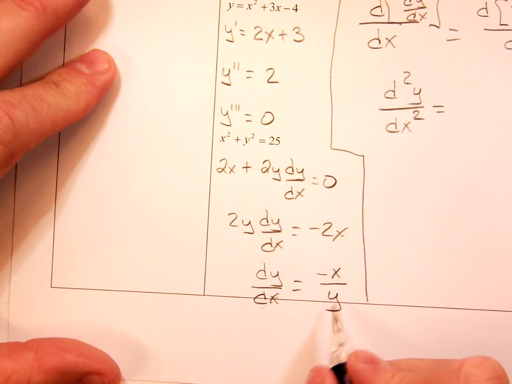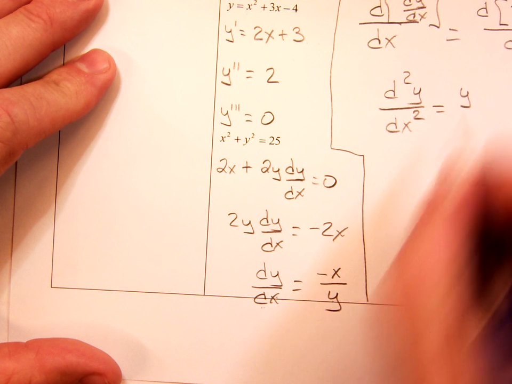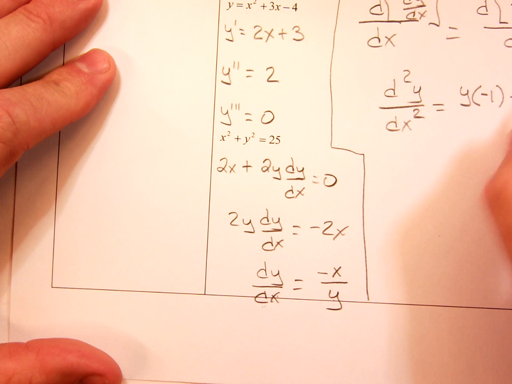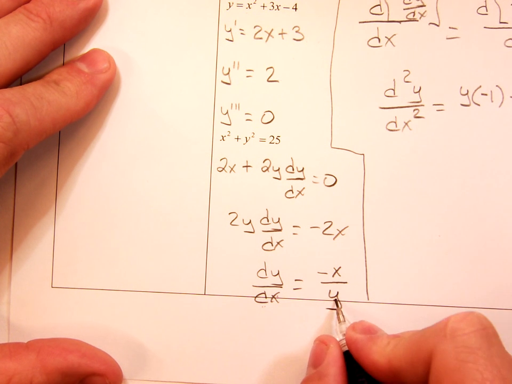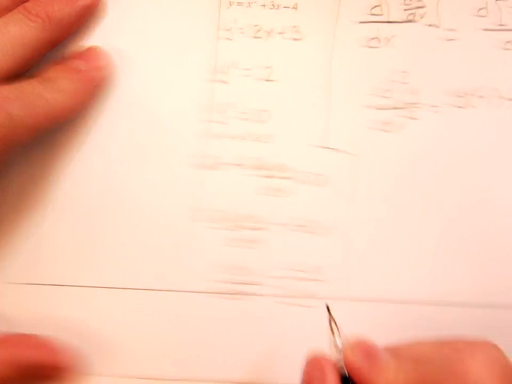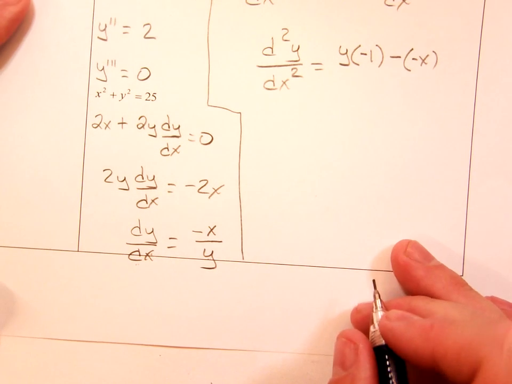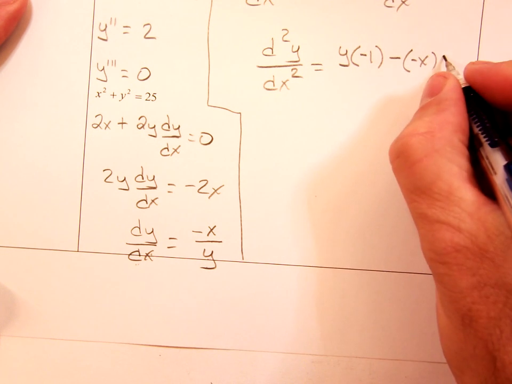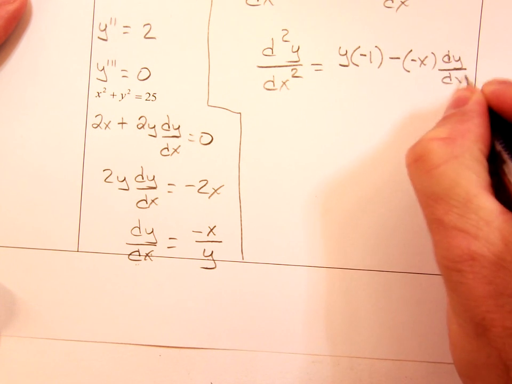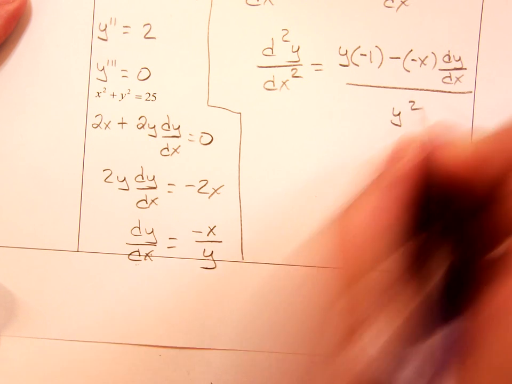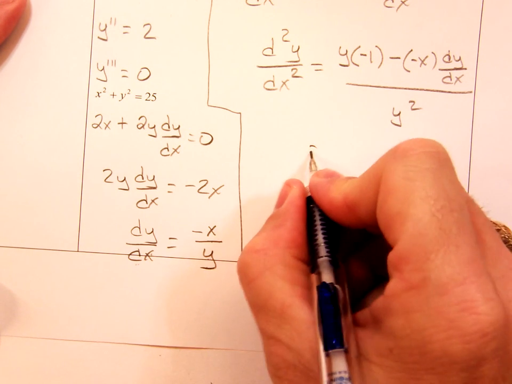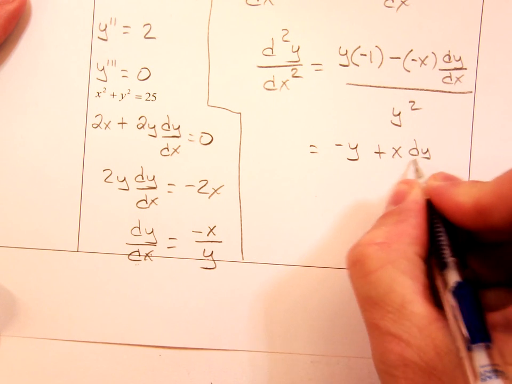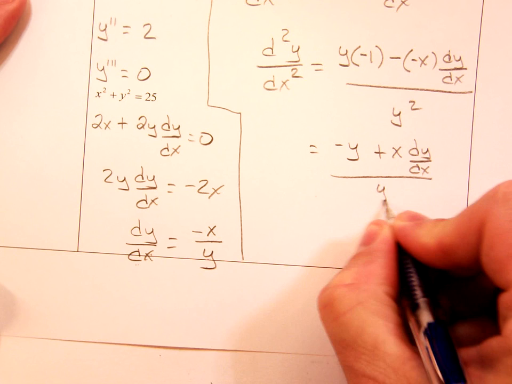This side I'm going to do low d high minus high d low. What's the derivative of the low? It's 1 times dy/dx, over low squared, which is negative y plus x dy/dx over y squared.